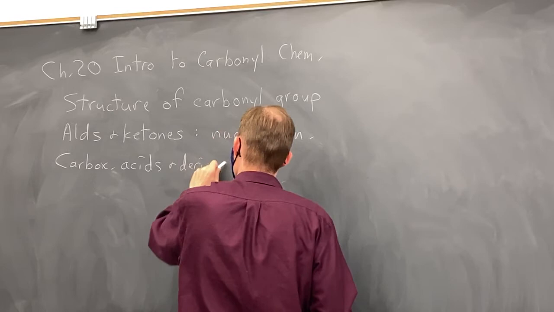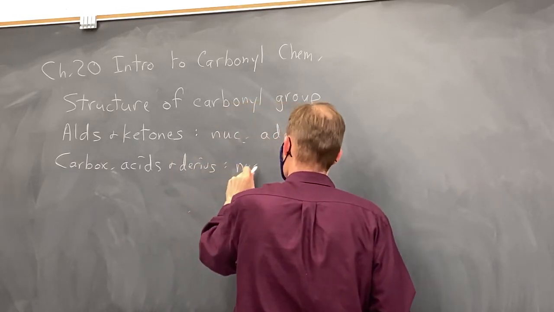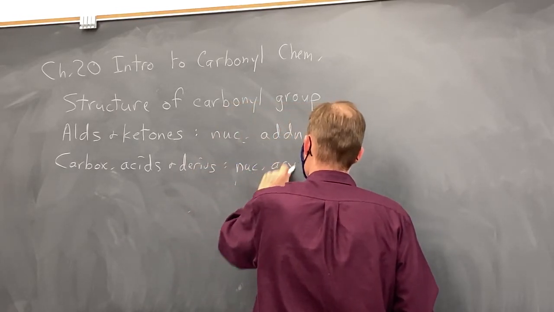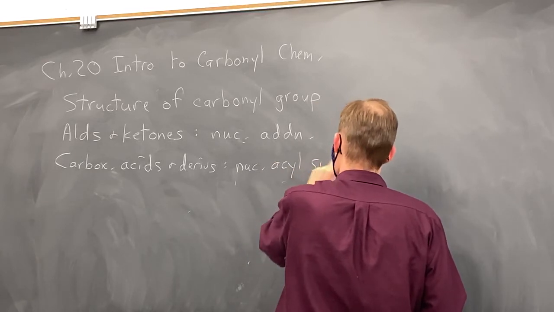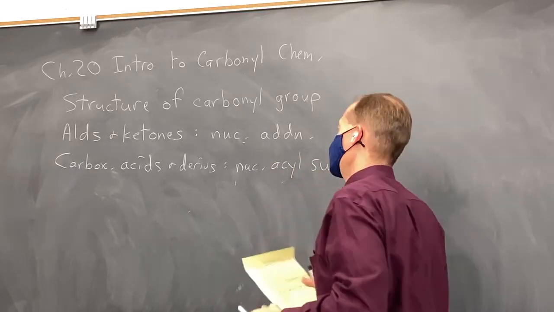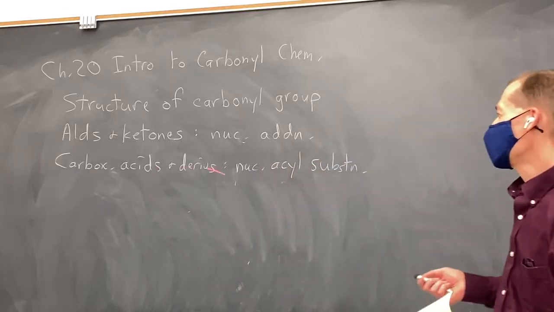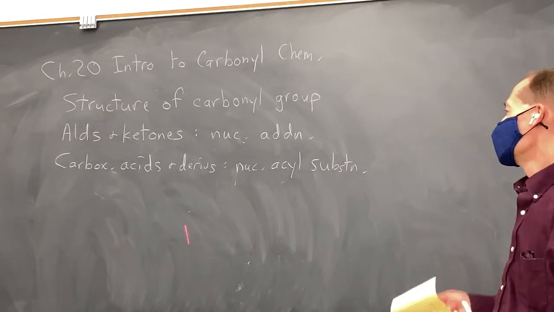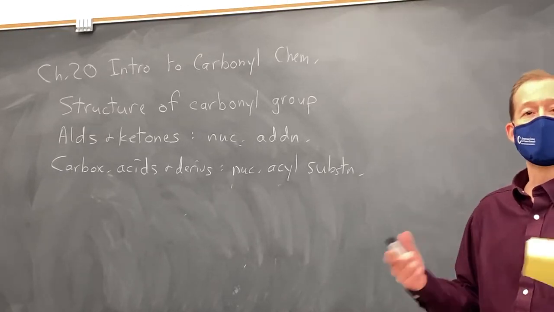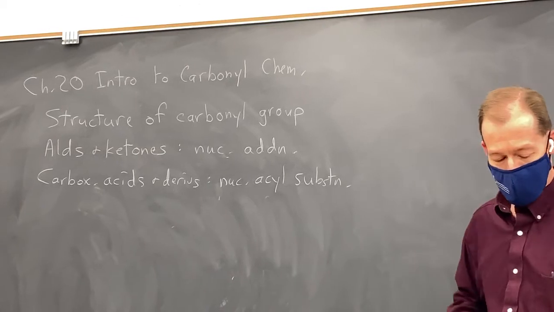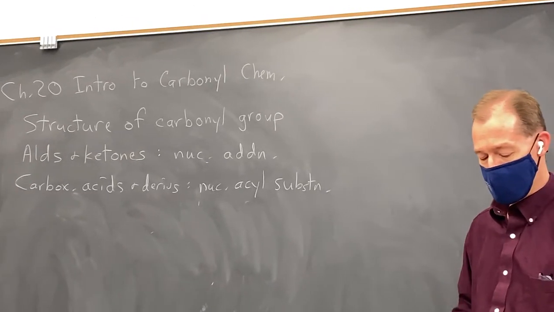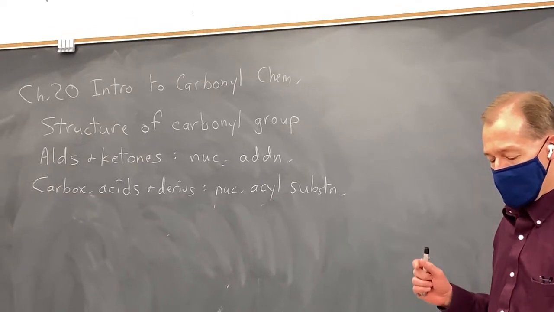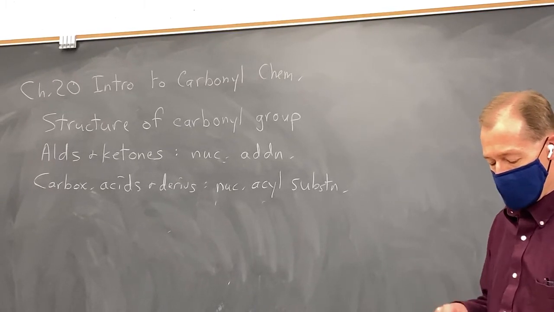Carboxylic acids and derivatives undergo nucleophilic acyl substitution, because we have a leaving group, which we refer to as the Z group, attached to the carbonyl carbon of a carboxylic acid. That allows it to undergo nucleophilic acyl substitution.